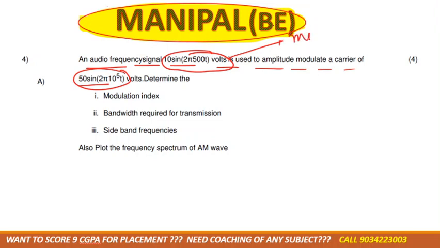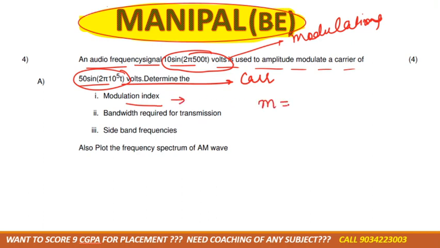So this one is the modulating signal which we need to modify, and this one is the carrier signal, correct? Now they are asking the modulation index. As you know, the modulation index formula is AM divided by AC. AM is the amplitude of the modulating signal and AC is the amplitude of the carrier signal, right?